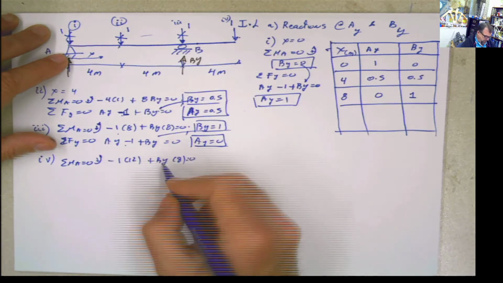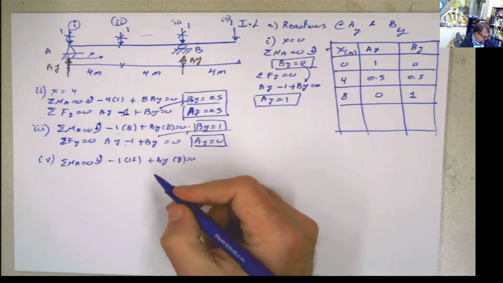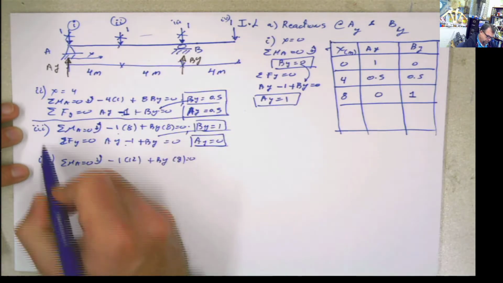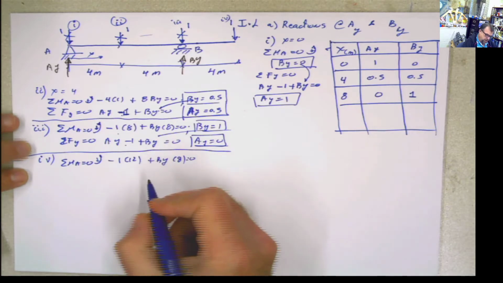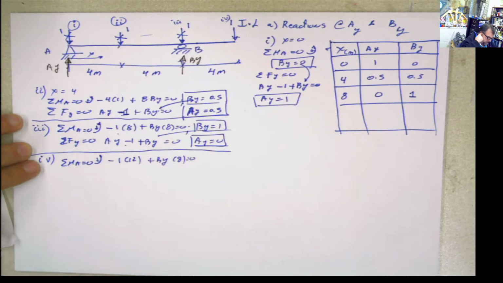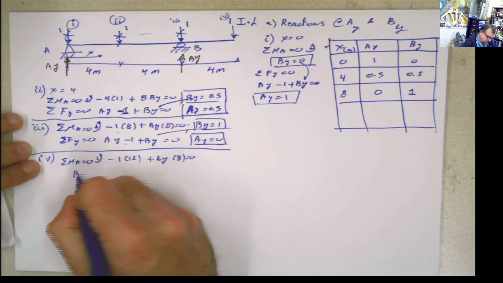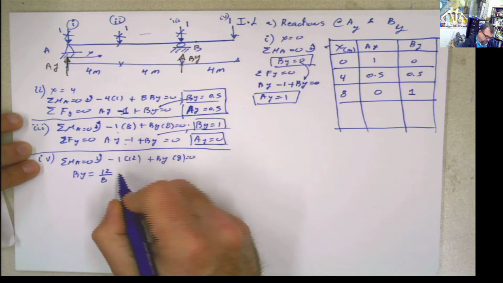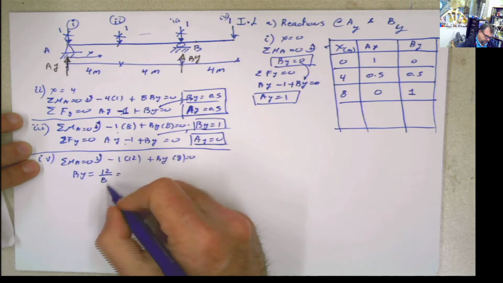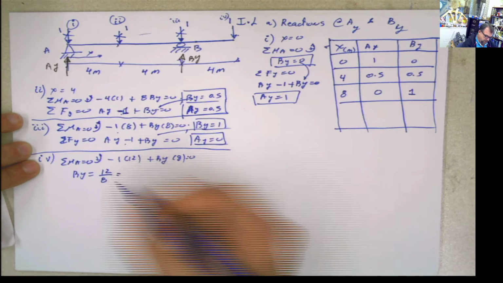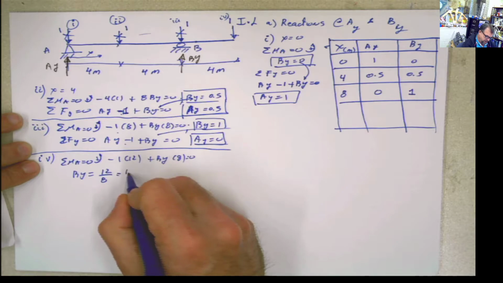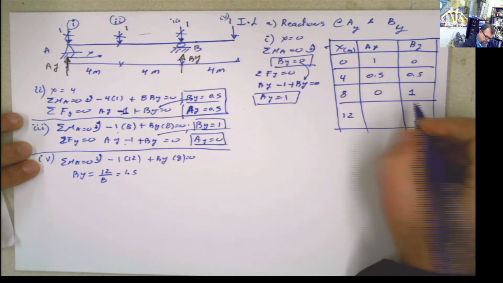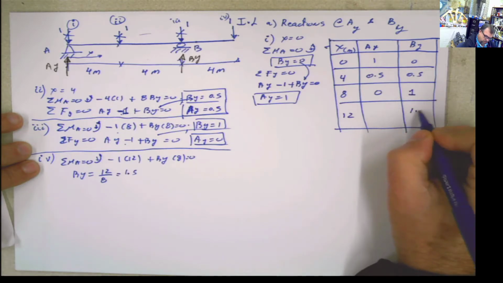And when you solve this, what do you get? You get By equals 12 divided by 8, and 12 divided by 8 is 1.5. When it's 12, I'm going to put it here before I forget.